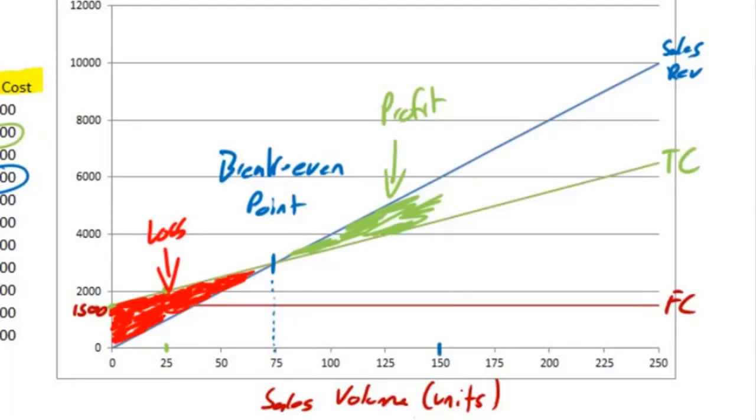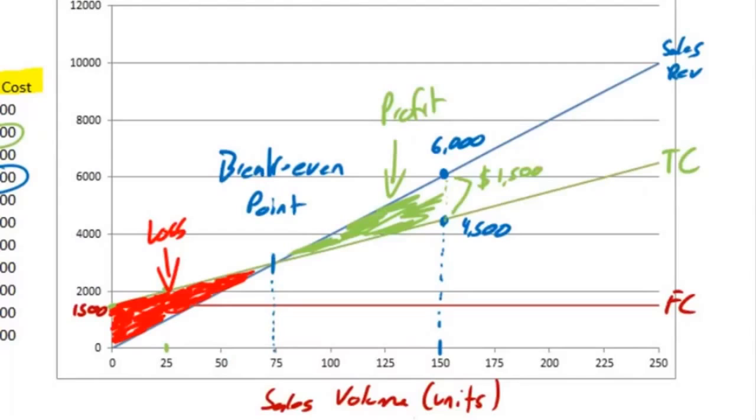Well, let's mark 150 units right here. You can see our total cost would be $4,500, and our total revenue at 150 units would be $6,000. And so the difference between this $4,500 and this $6,000 right here is a $1,500 difference. And that $1,500 is a profit.